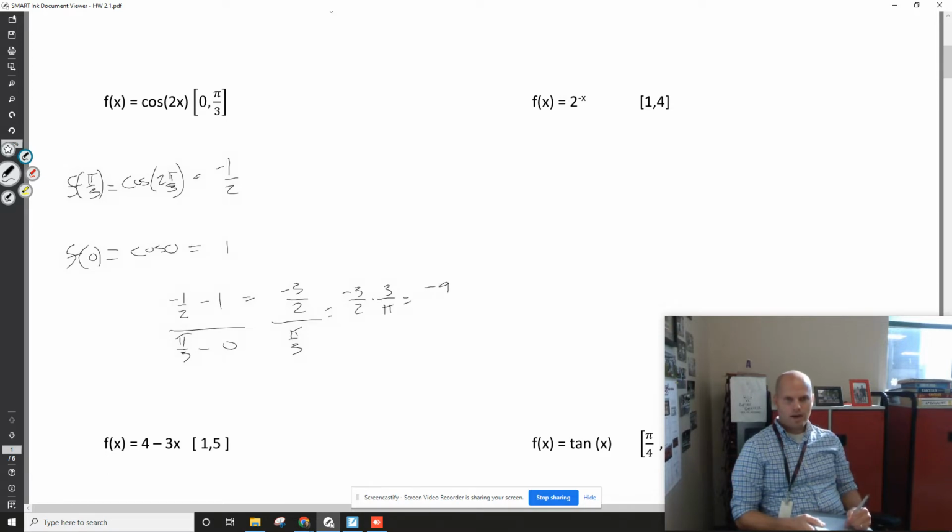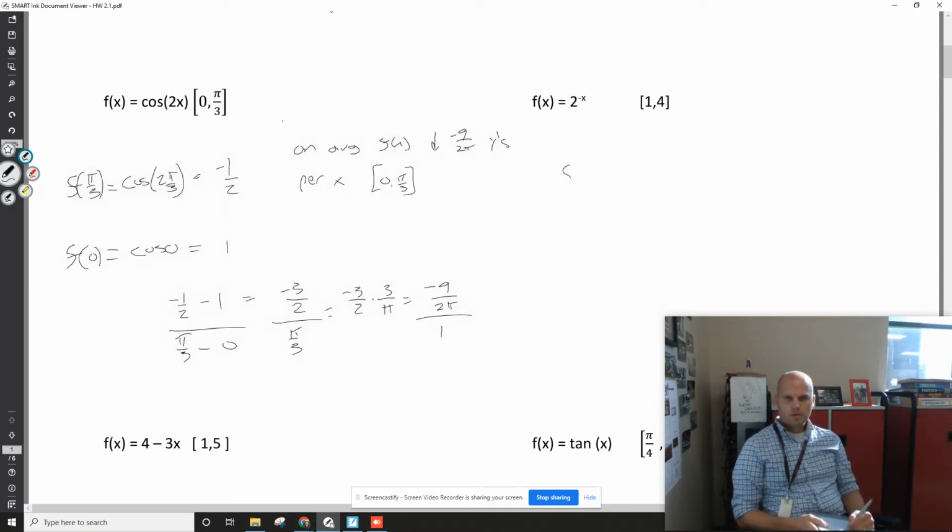Went down 9 over 2 pi y's per 1x. So on average, this function went down 9 over 2 pi y's per x on the interval from 0 to pi over 3.